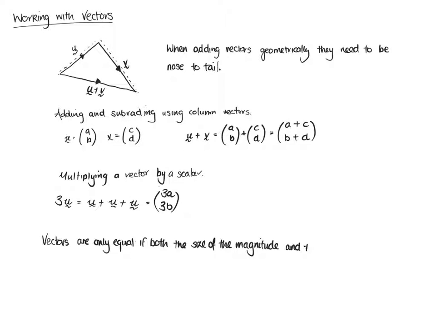So the magnitude can be the same, but if they're in different directions, it's not an equal vector. So it's very important to distinguish that between speed and things. Things can have the same speed, but if they're going in completely opposite directions, then the vectors aren't equal. The vectors will be different because their direction is different.